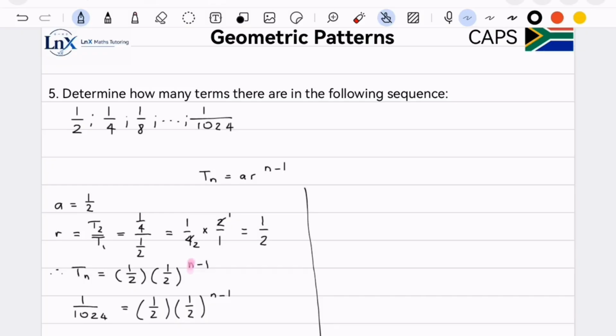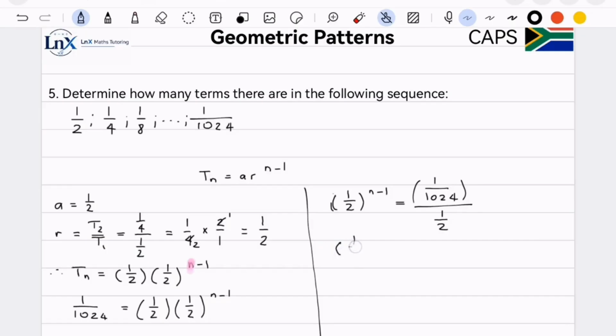We can divide 1 over 1024 by half, so we halve both the right and the left equation.